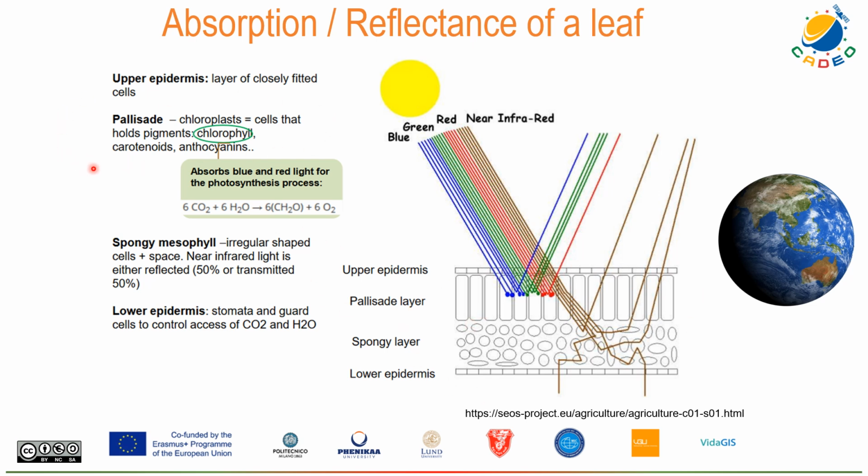The palisade, where the chlorophyll is located, will absorb the blue and red light for the photosynthesis process. The spongy mesophyll is irregular shaped cells and space, and near-infrared light is either reflected or transmitted in this part. And the lower epidermis of the leaf contains the stomata and guard cells to control the access of CO2 and water.